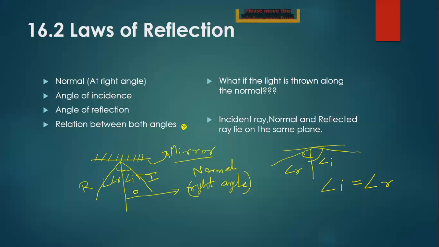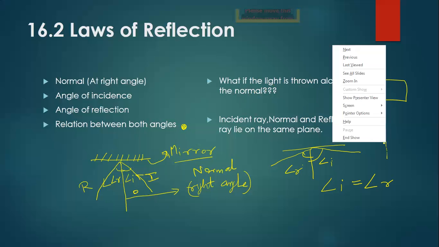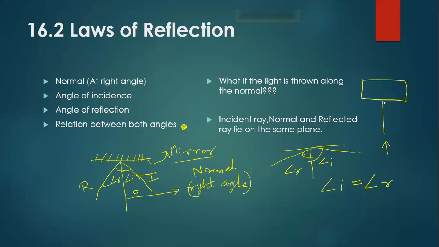What if light is thrown along the normal? In this case, you have to imagine that this is your reflective surface and this is the normal. So if you throw light along this line, along the normal, it will get reflected back to you, right? So if the light is thrown along the normal, the light will retrace its path back in the opposite direction.